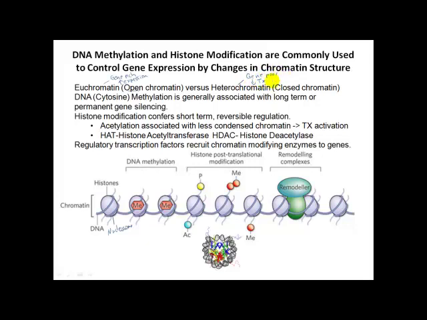Typically this is the state of chromatin that we see, for example, at centromeres and telomeres, which, as we've talked about before, are really important structural regions of the chromosome that, in the case of the telomere, confer protection from degradation. We saw that capping by the telomere protein complex.